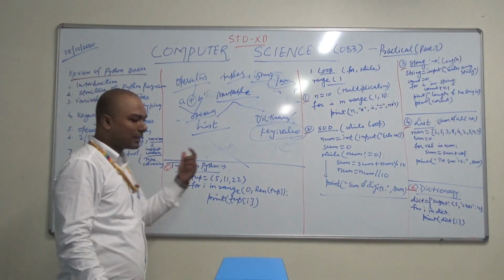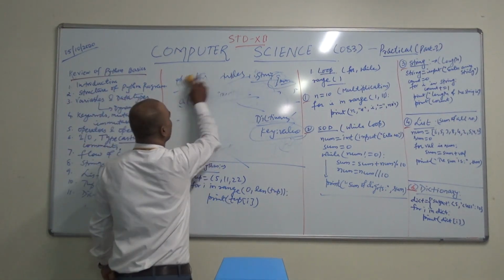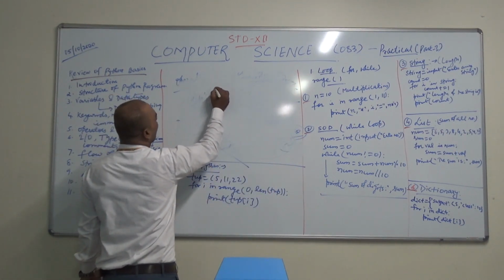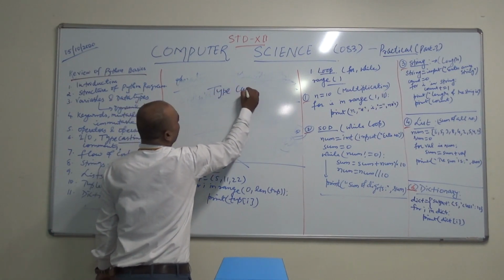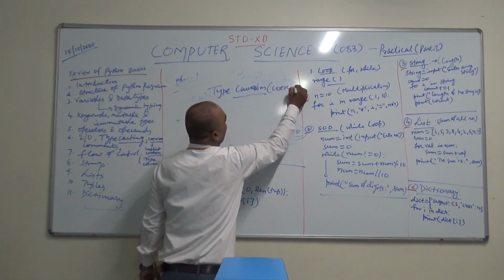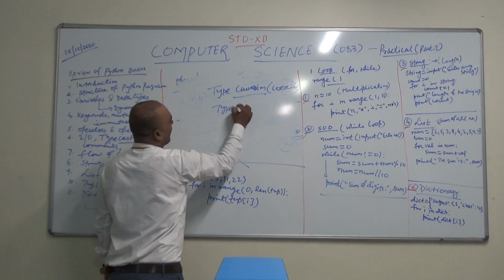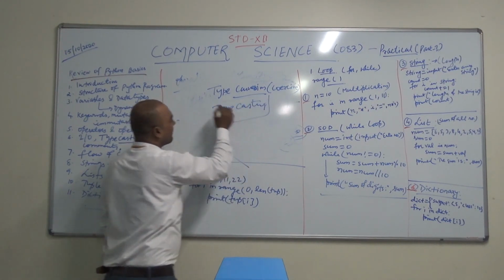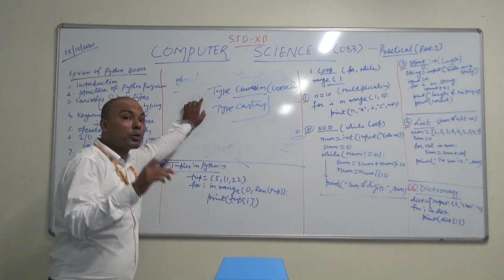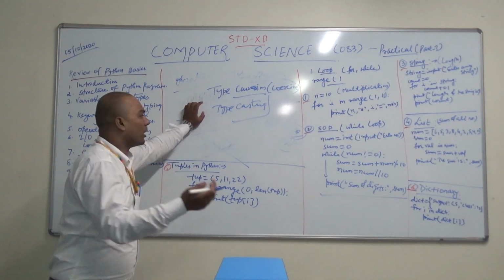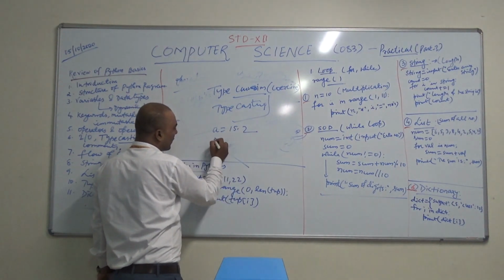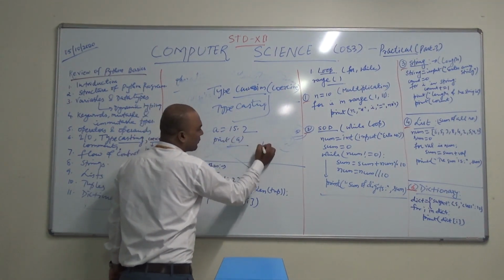And next is typecasting and type conversion. Typecasting, what is it? There are two kinds of conversion here. One is type conversion, also called coercion, and the second one is typecasting. Type conversion means the user doesn't have to make any extra effort to convert a value to another value. Suppose we have declared A equals 15.2. If we run print A, it will give 15.2.